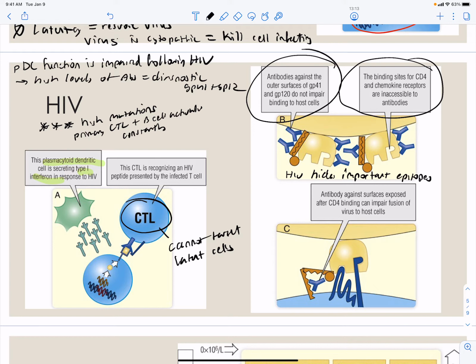And if you can't do that, then your HIV is going to be able to survive. It can wait until it can get reactivated, and then the immune system has to change and shift in order to respond to the new emerging strains that HIV produces.